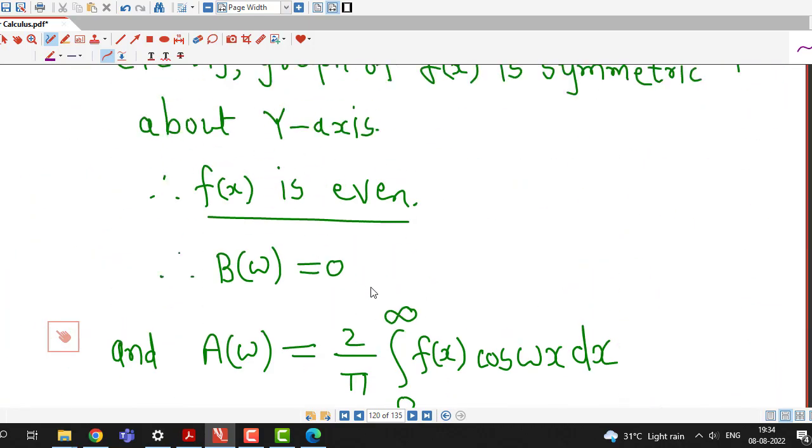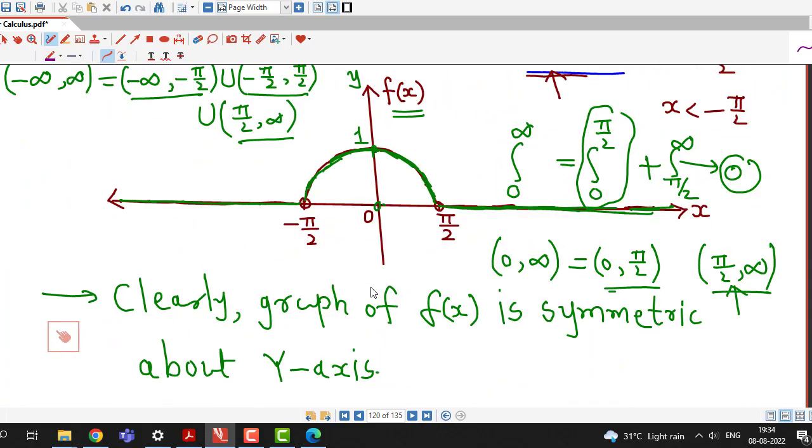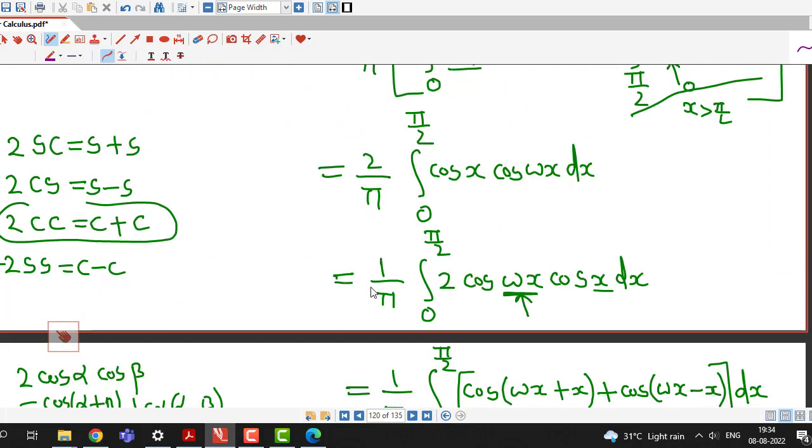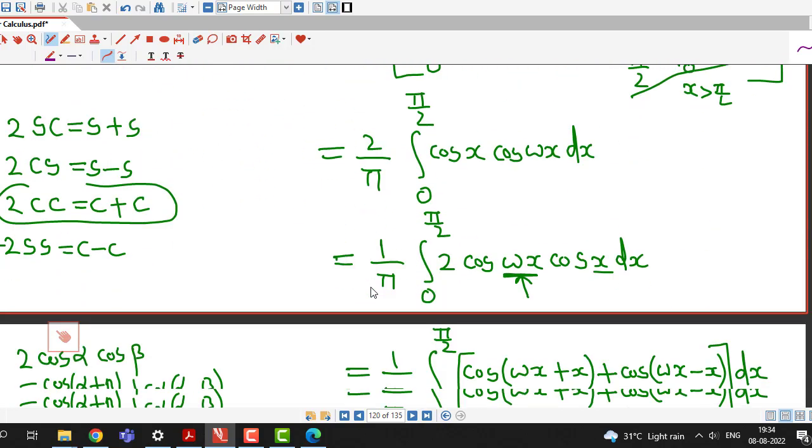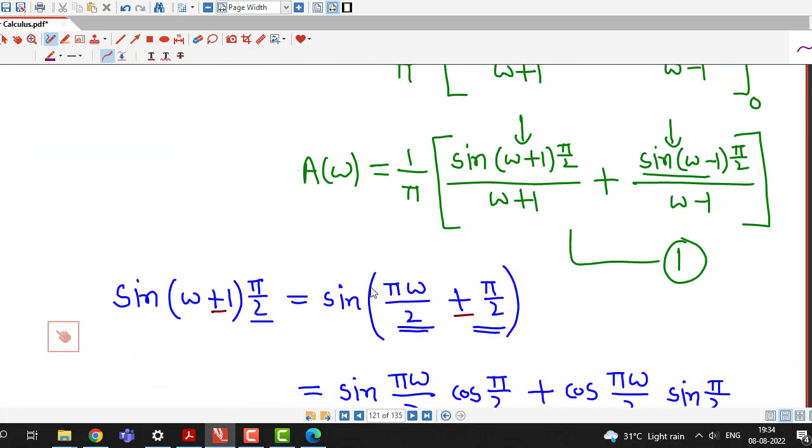Therefore b omega is 0 and our half work is reduced, and in the calculation of a omega we have this thing sine of omega plus 1 into pi by 2. Now we don't know what omega is.